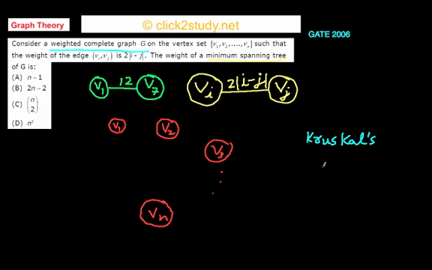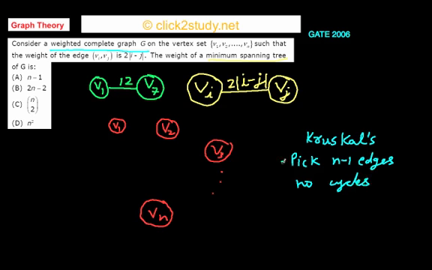In that algorithm, you choose n minus 1 edges. If there are n vertices in the graph, any tree will have n minus 1 edges. How do you pick them? You start with the least weight, and you keep picking edges, provided that you don't form a cycle, because a tree cannot have a cycle. That's the second condition.